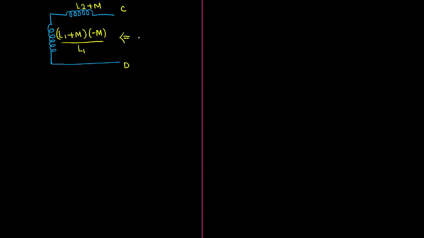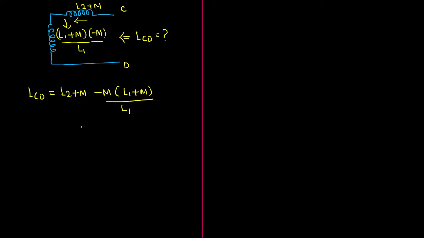Now if you observe the circuit once again, I am looking for LCD under this situation. This coil and this coil both are connected in series. So the overall equivalent value LCD will become equal to L2 plus M, connected in series with, I can write like this, interchanging the position, minus M into L1 plus M upon L1.